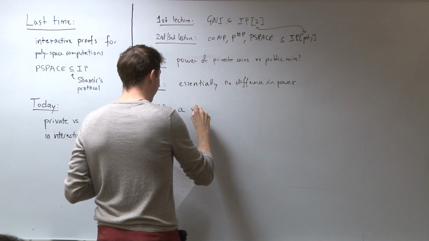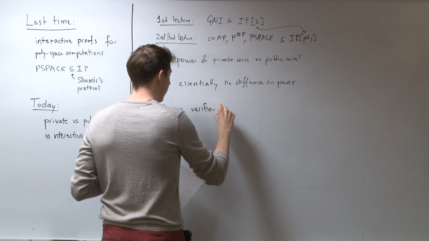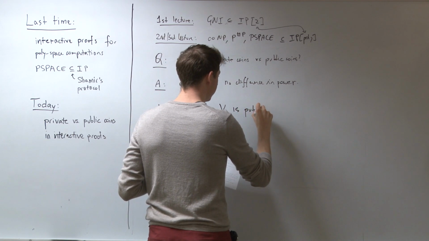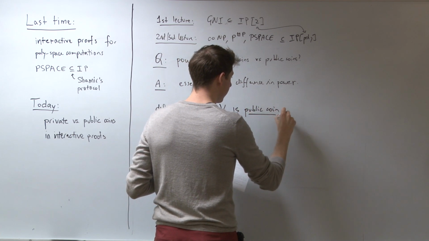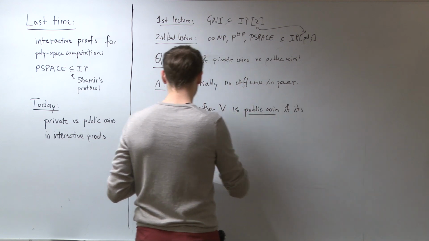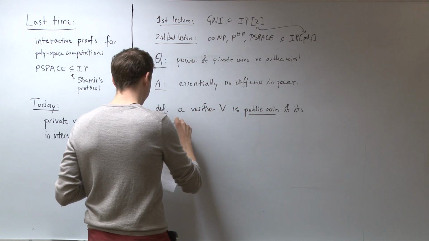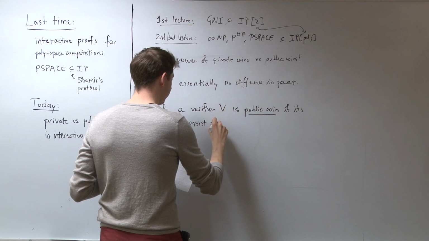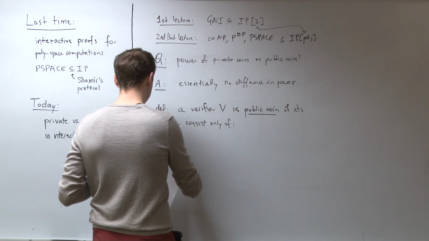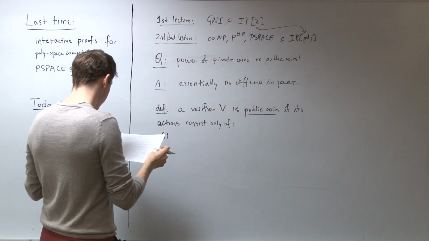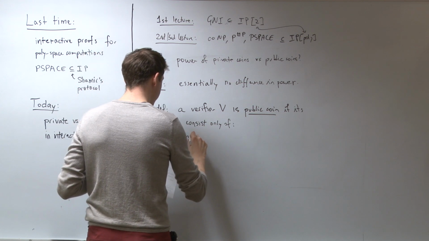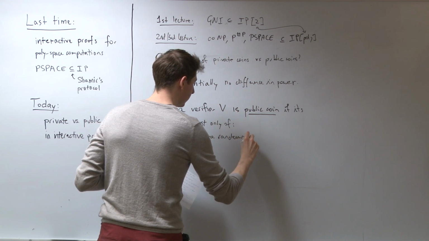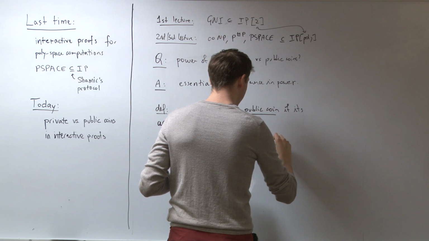So we're going to say that a verifier V is public coin if its actions consist only of, one, it can just sample some randomness and send it to the prover.